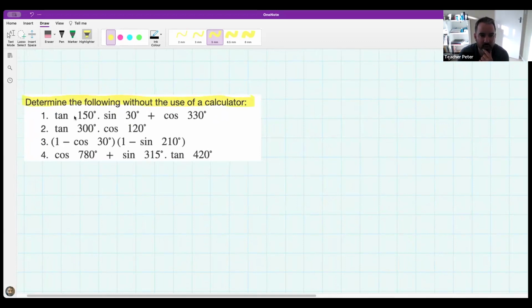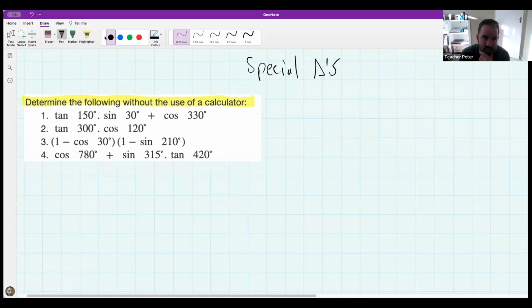So if I want to evaluate without the use of a calculator, that is code for saying I need to use special triangles. But at the moment, the problem I have is I have no special triangles with 150 in them, and I have no special triangles with 330 in them.